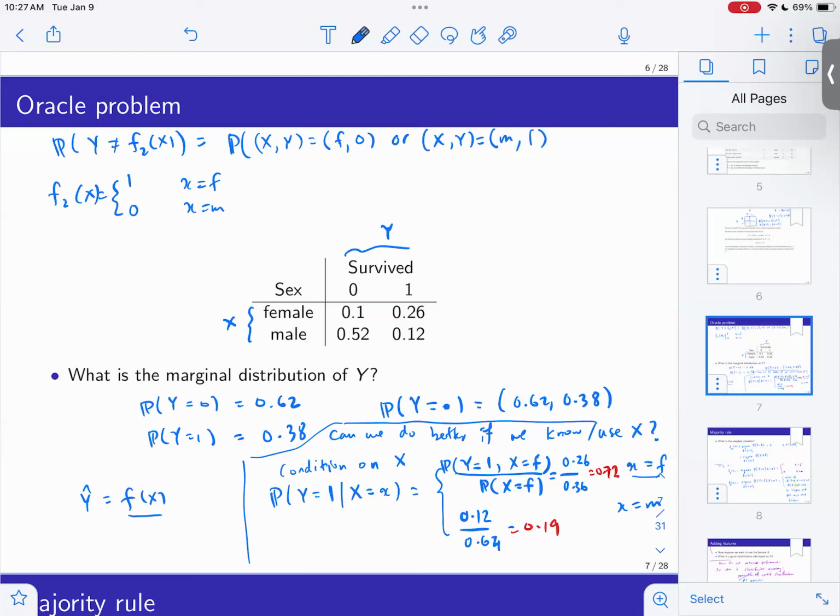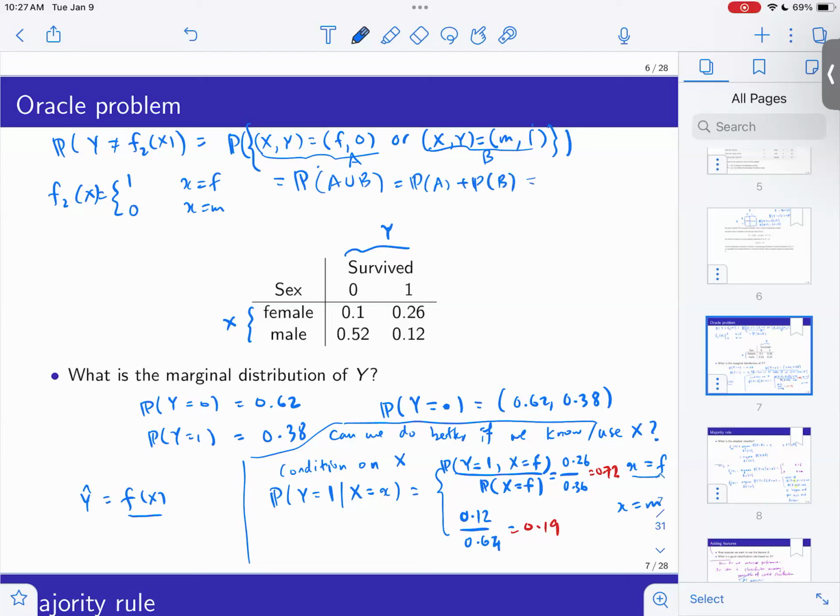That's the event. In the language of probability, the or is the union of these two events. If this is event A and this is event B, or means union. And they're disjoint, so it's the probability of A plus the probability of B.